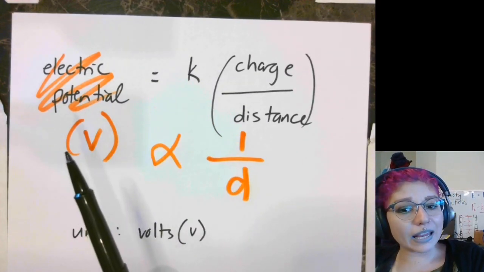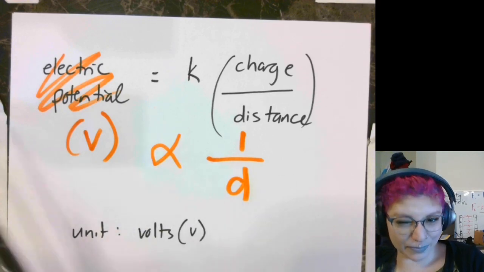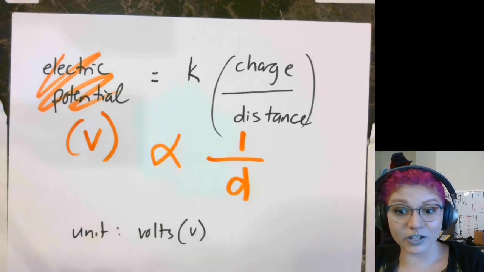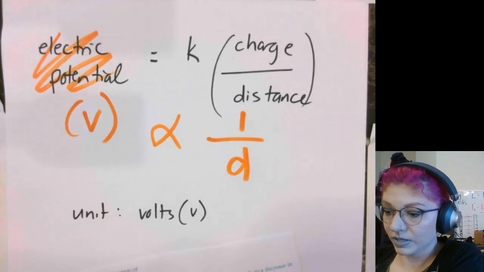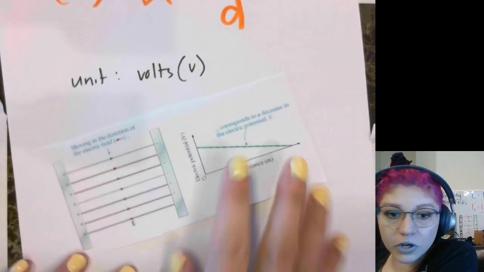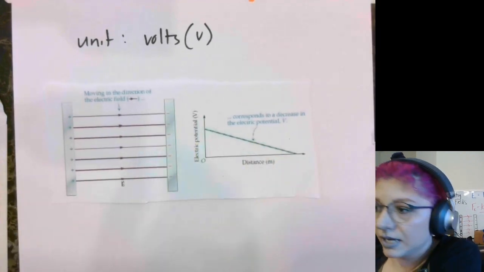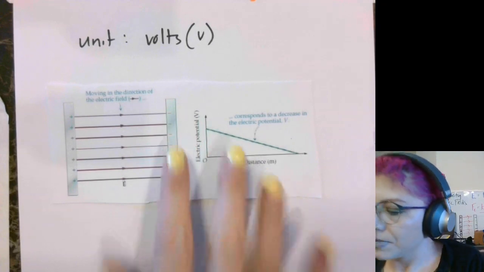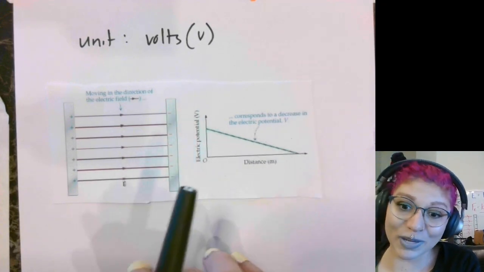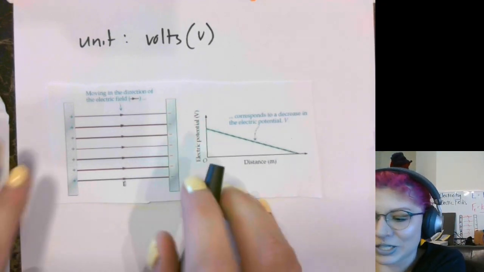There's a problem in your packet where I want you to think about this, okay? So I give you the equation, but I want you to think about what this physically means. Before you finish off your packet, I do want to show a picture. Because I know some people learn a little bit easier through pictures sometimes.